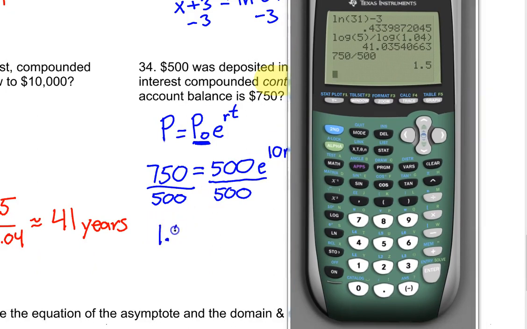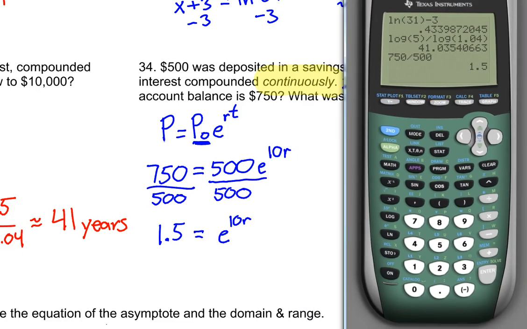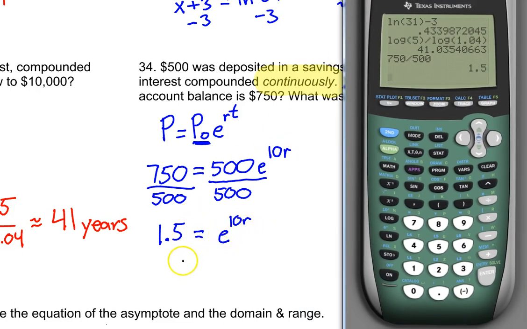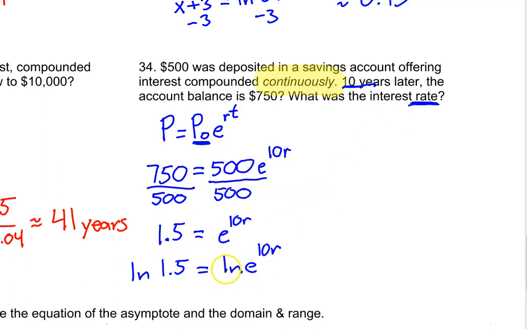So how long does it take to get 1.5 times the money you started with? And since we have an e here, we have to use the natural log. So we're going to take the natural log of both sides. And natural log of e will actually be 1, so we end up with natural log of 1.5 equals whatever the exponent is.